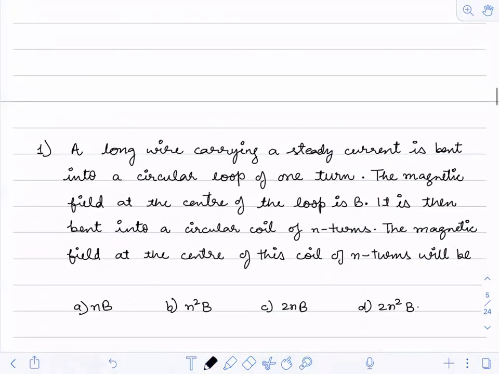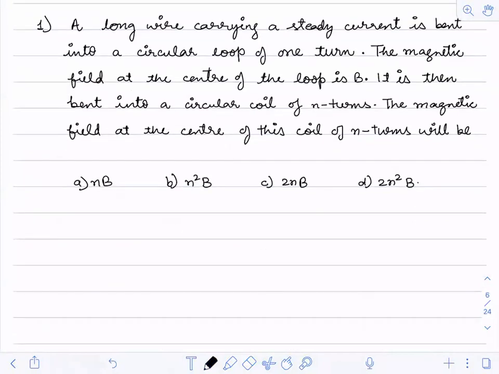A long wire carrying a steady current is bent into a circular loop of 1 turn. The magnetic field at the center of the loop is B. It is then bent into a circular coil of n turns. The magnetic field at the center of the coil of n turns will be.